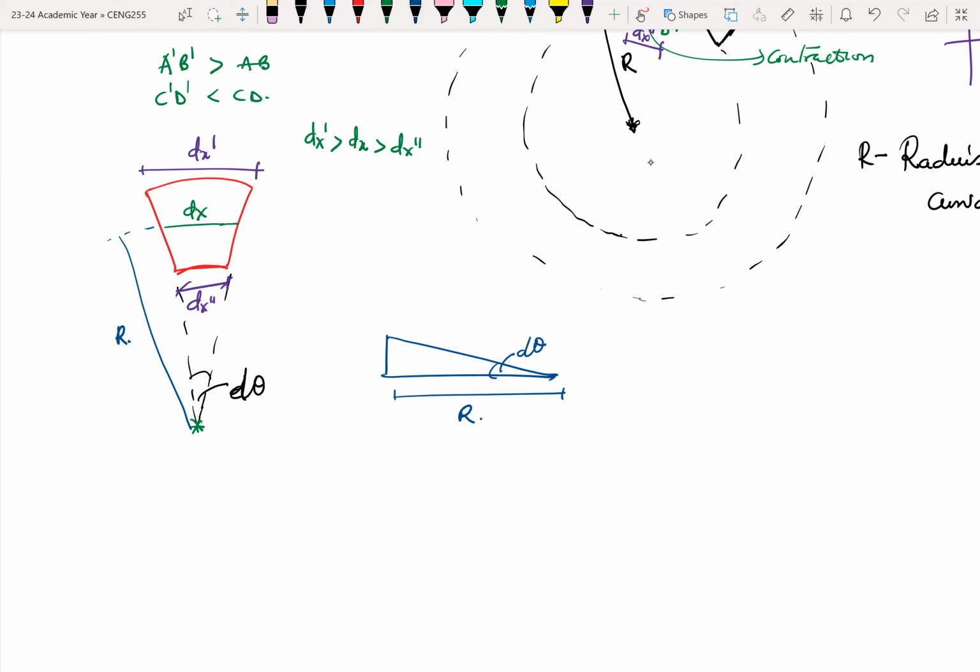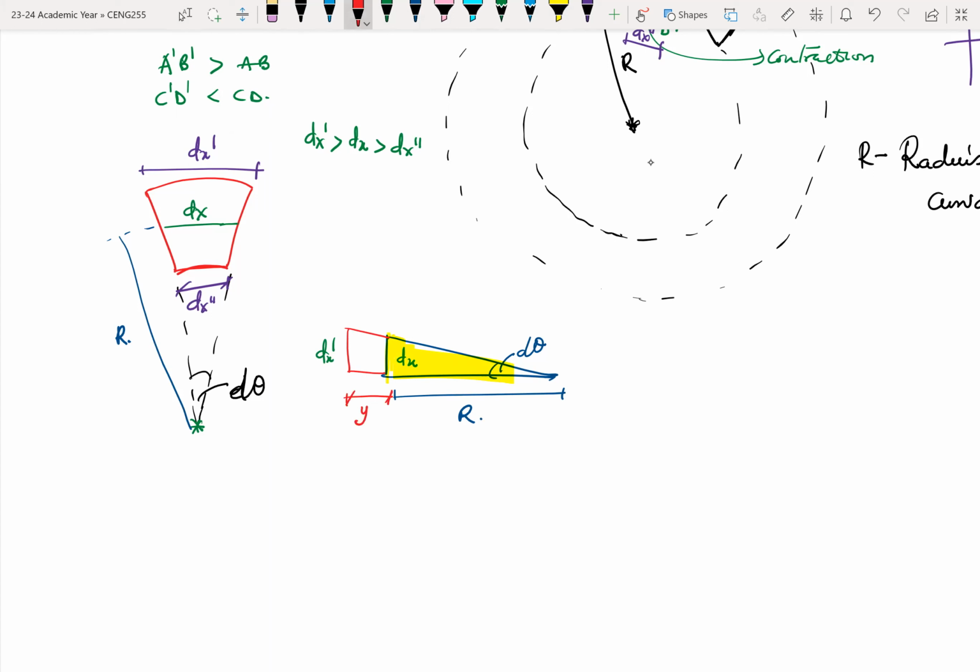Let me expand a little bit so that it includes everything. So this is your dx, and this is your dx prime. But our focus is up to where it's between this and that. We'll come back to the dx because we don't know what this is, so we can represent this value by y, where y can vary.